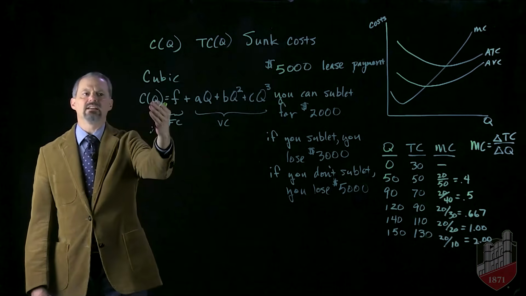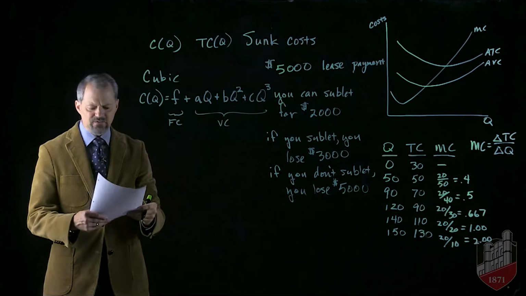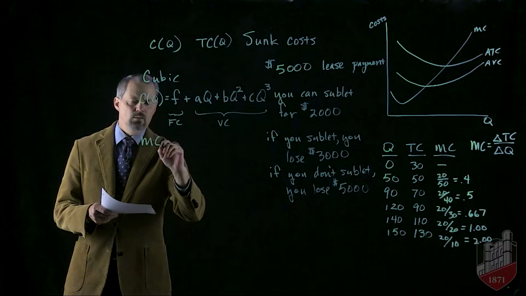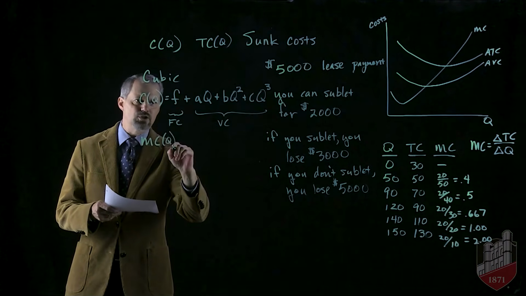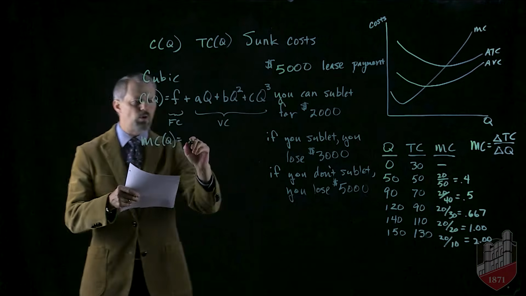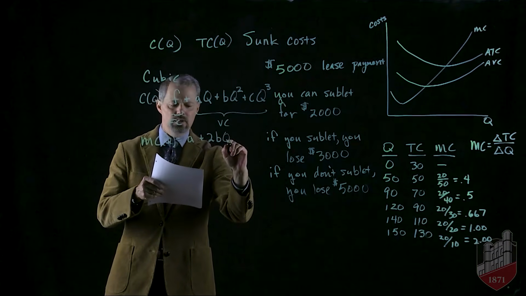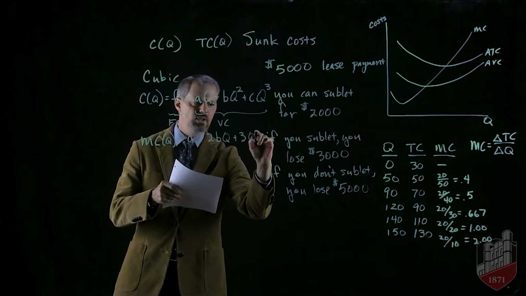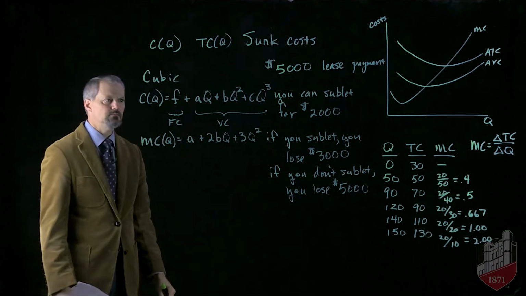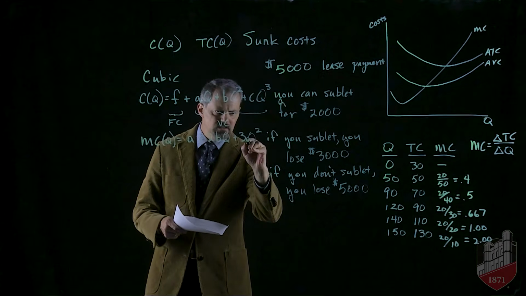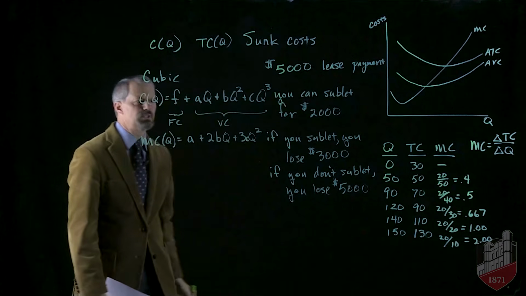If you've got a cubic cost function, then your marginal cost function, which is also going to be a function of Q, will take the form A plus 2BQ plus 3CQ squared. There should be a C right in there.